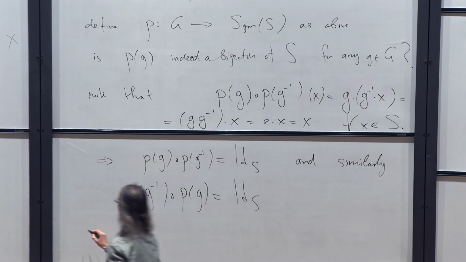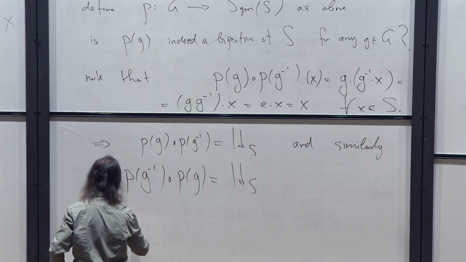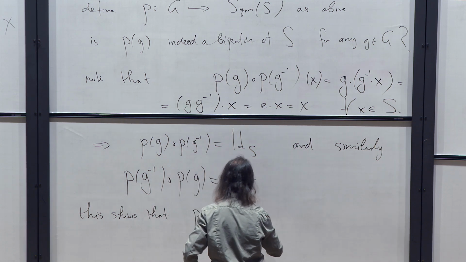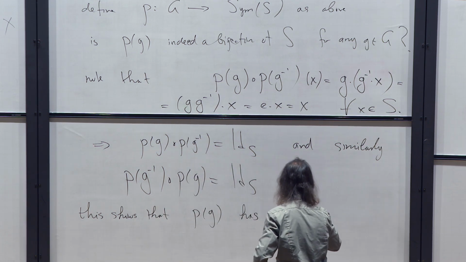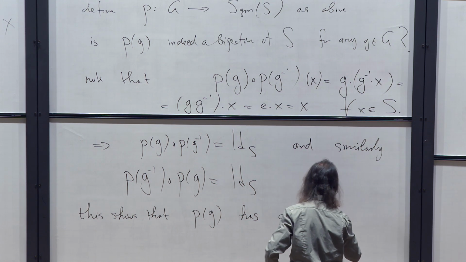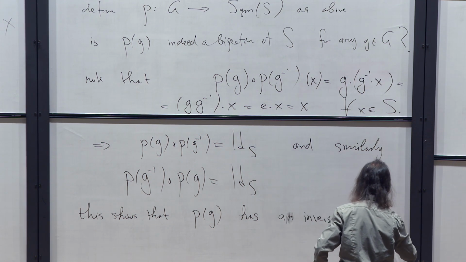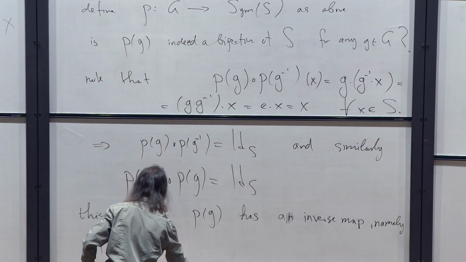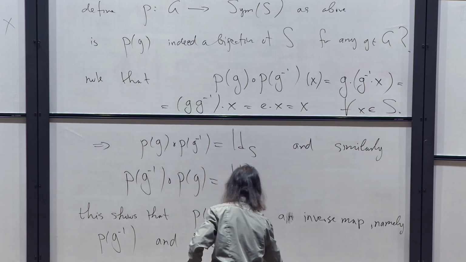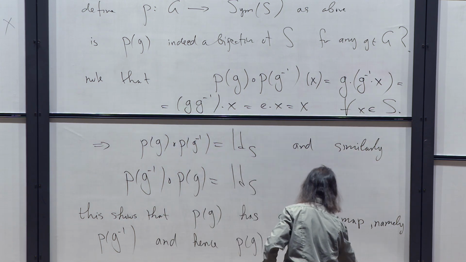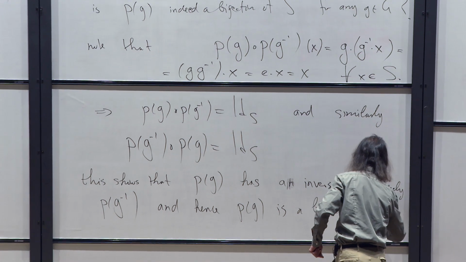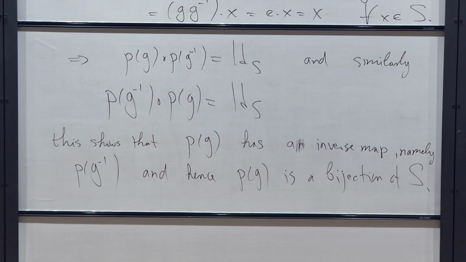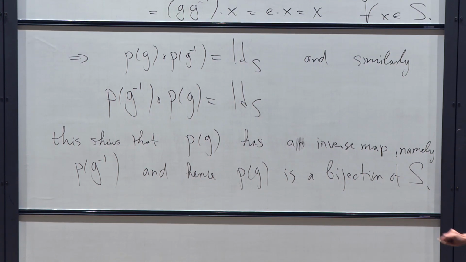And this shows that rho of g has inverse map, namely rho of g inverse, and hence it's a bijection of S. Okay? So indeed, this definition sends the elements of G into the bijections of S.